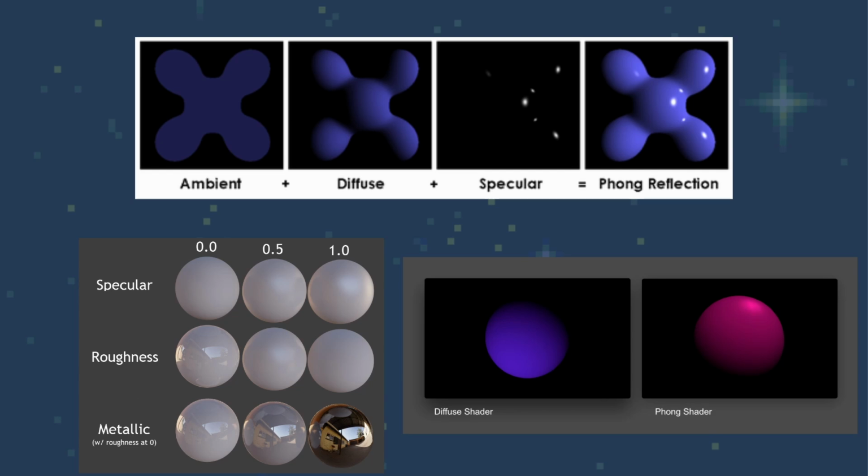Here's a good demonstration of that on the top picture. So the Phong model takes some sort of ambient color, which is some scaled down version of either the surface color or what we call the albedo, where it's just pure color or texture. And then it adds the diffuse portion, which is where you take the direction of light and how it falls off into account.